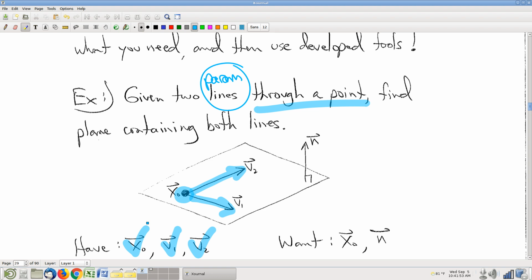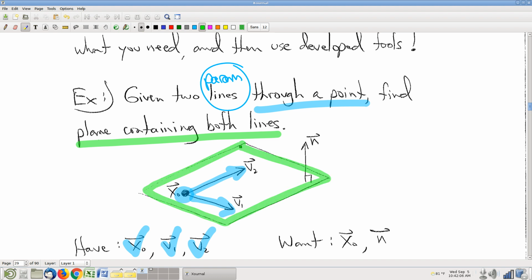Okay, now let's take a breath before we try to do stuff. I want to find the equation of the plane containing both of these lines. In order to do that, I'm going to need to find a vector perpendicular to the plane. That's how you find equations of planes. You need that normal vector.